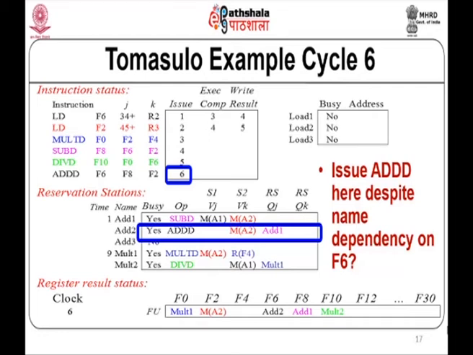But you do not have to worry about this, because once the data becomes available after the load 1 instruction, F6 would have been written by load 1, and that operand has already been buffered in your divide reservation station entry, which is your mul2. So, you are issuing the add instruction despite the name dependency on F6.